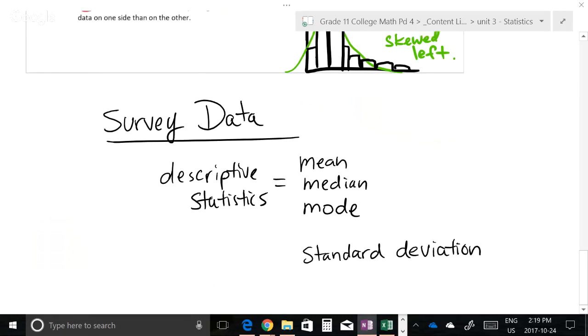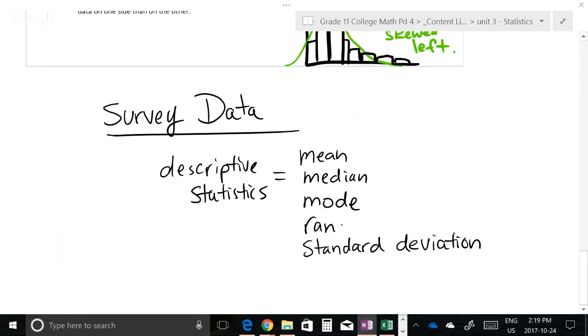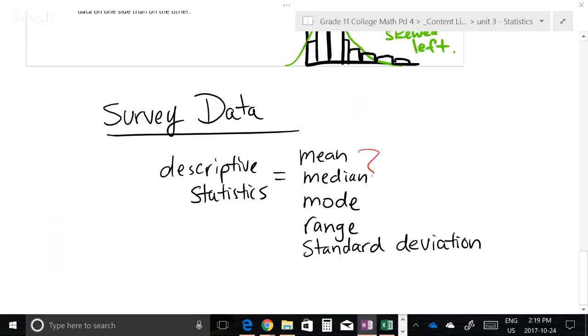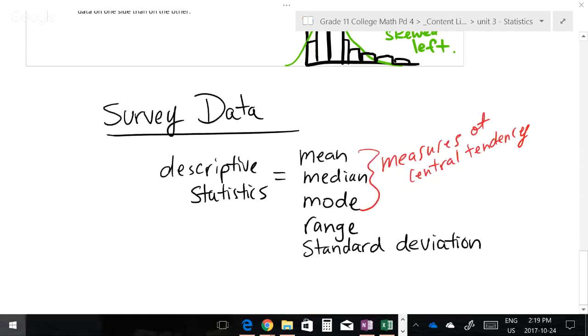What's the other one there? Range, good. By the way, we call these, if you remember, measures of central tendency. And we call these measures of spread.